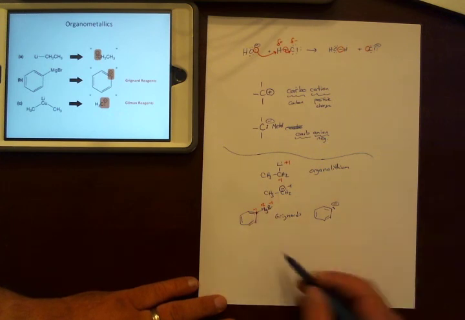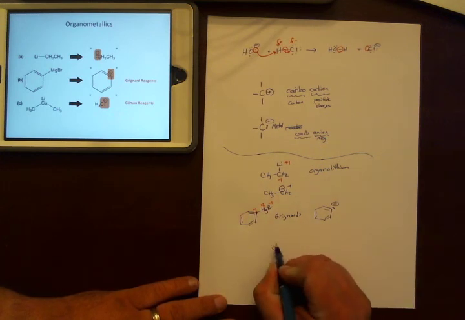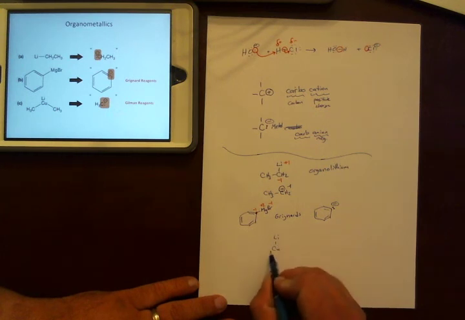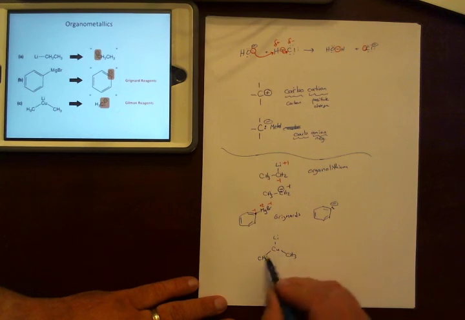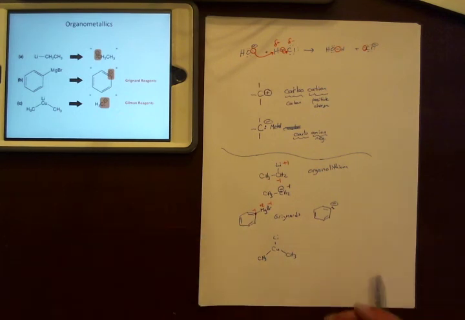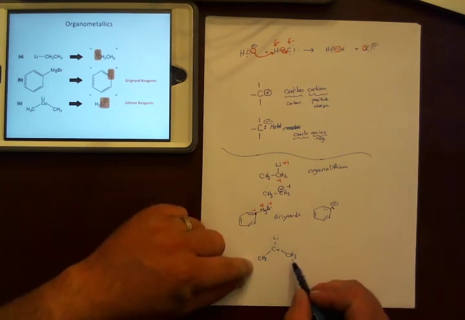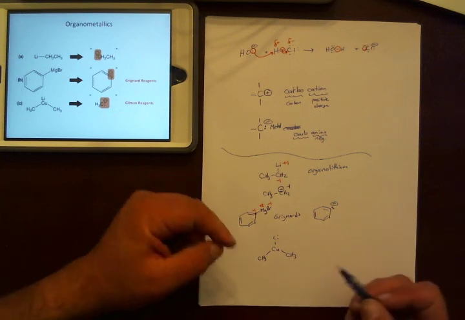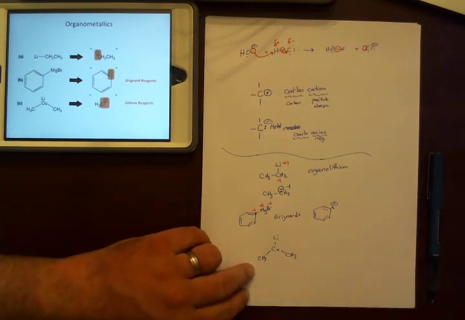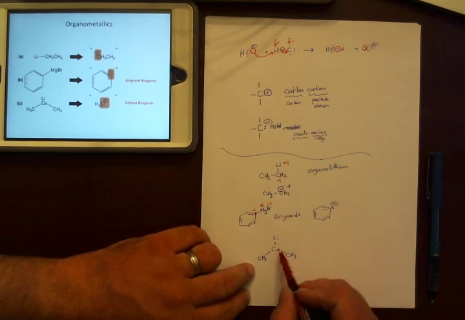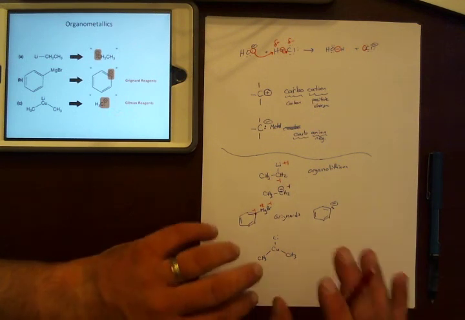The last one that's typically used is the organocopper. With the coppers, you usually have two independent carbon groups, and usually they're symmetrical. It turns out copper is a really weird element. In organic chemistry, it does some crazy things.